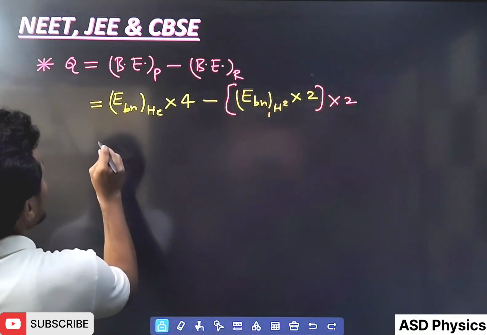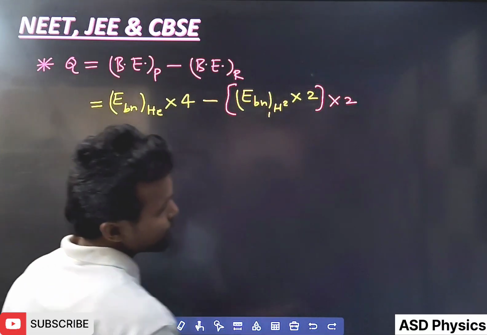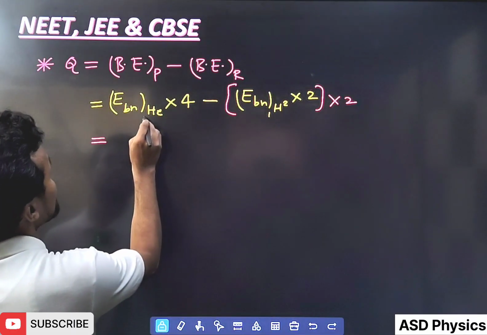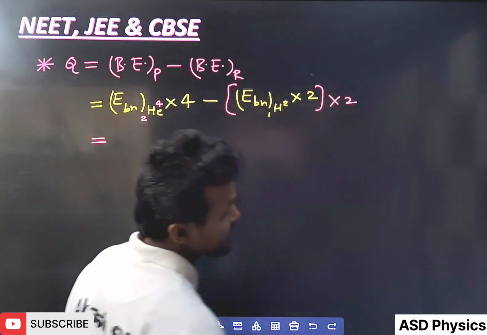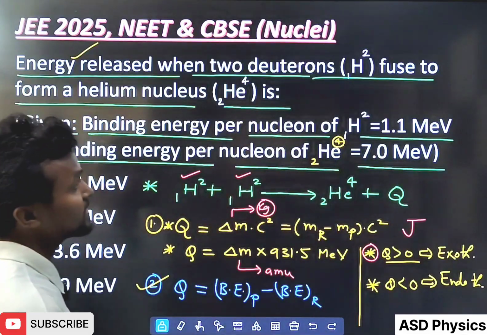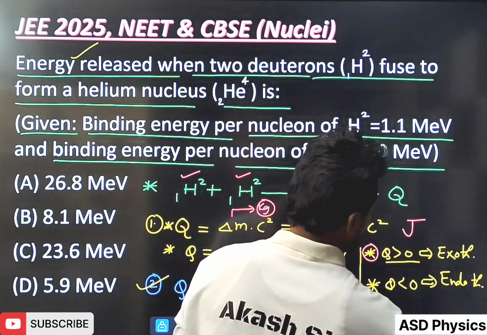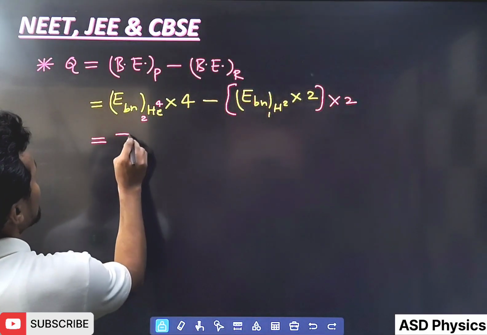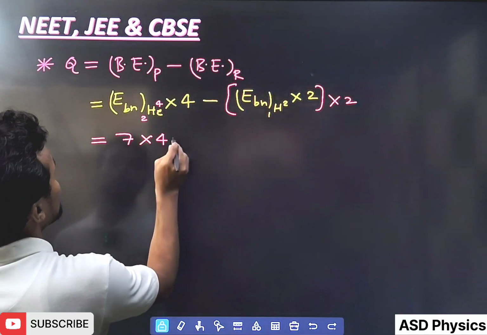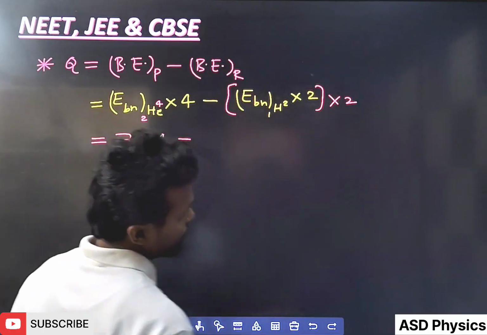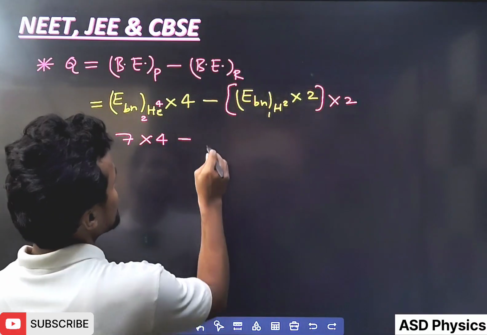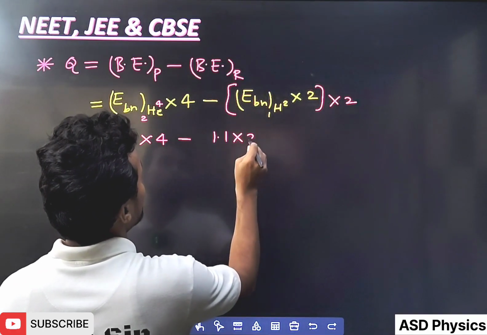After that, the binding energy per nucleon of helium, 2He4. What is given here? In the question, 7 is given for helium and 1.1 for deuteron. So this is 7 MeV into 4, minus for the deuteron 1.1 into 2.